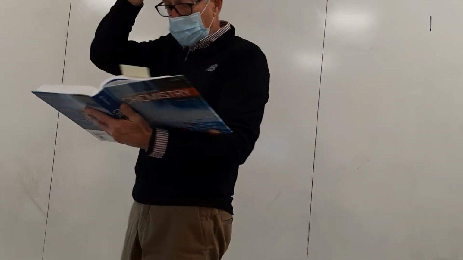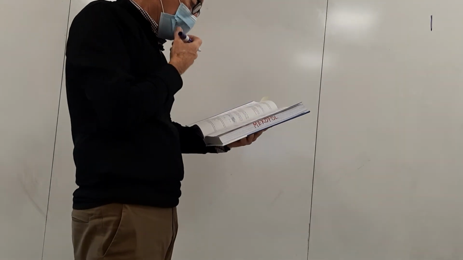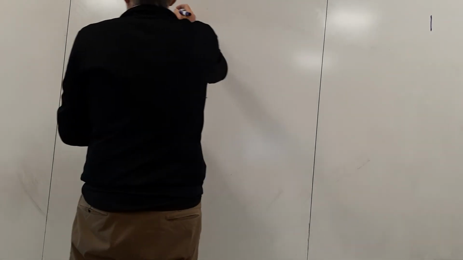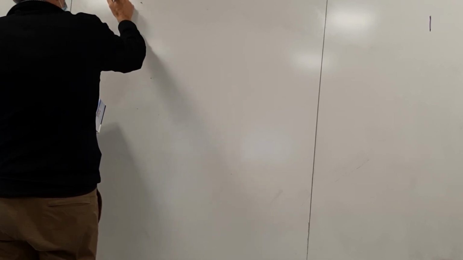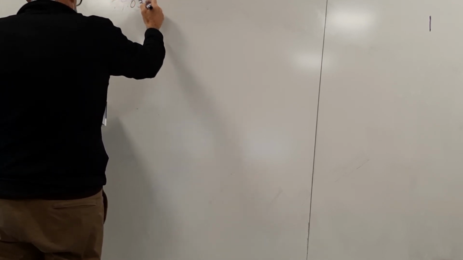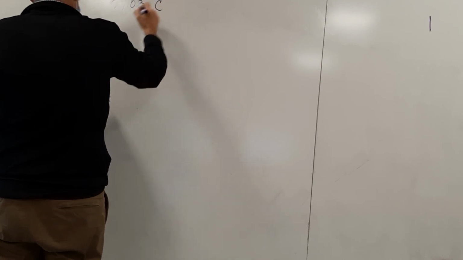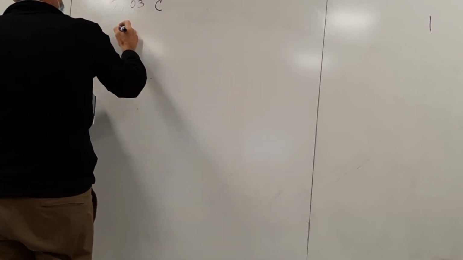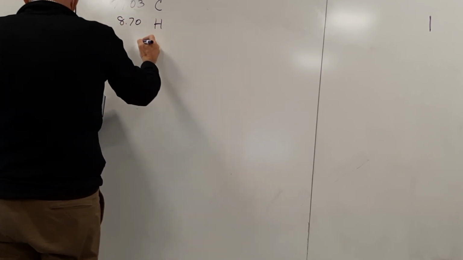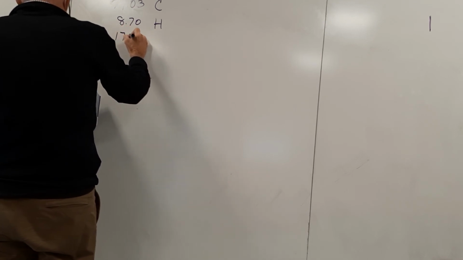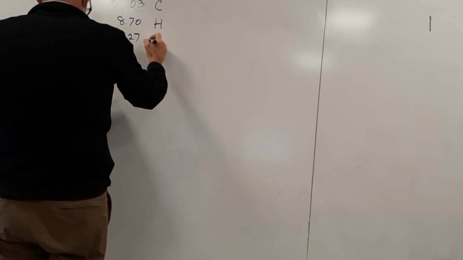Okay, here we go. I think it's 121. Problem 121 says nicotine, the stimulant, has the following mass percent composition. The molar mass of nicotine is given. It's the same type of problem. What I have is 74.03 of carbon, 8.70 of hydrogen, and 17.27 of nitrogen.